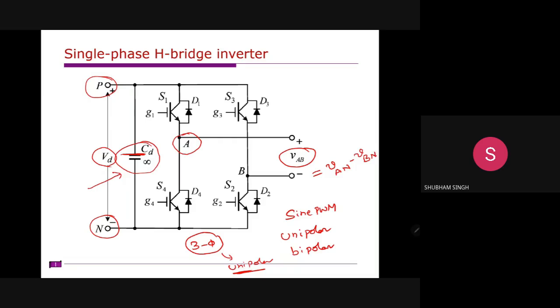When S1 and S2 switches are turned on, VAN is plus VS. When S3, S4 are turned on, VAN is minus VS, right? Similarly, VBN also changes. So in case of these two PWM methods, one is unipolar and one is bipolar.